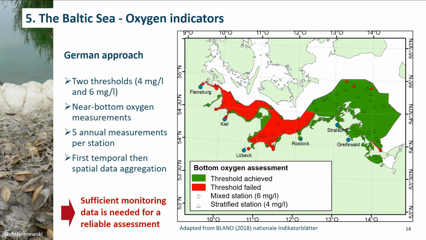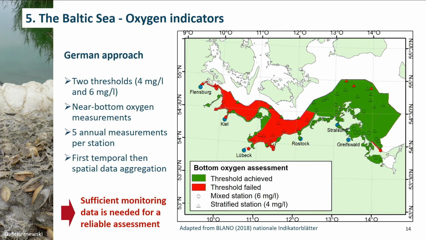On the distribution of the monitoring stations, indicated by the triangles and the dots, it can also be seen that with this approach, precise information about the spatial extent of oxygen depletion areas is not possible. Currently, there are 2 major limitations with all approaches. First, observational data is limited in both time and space.